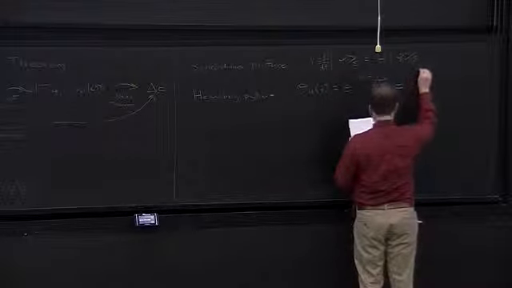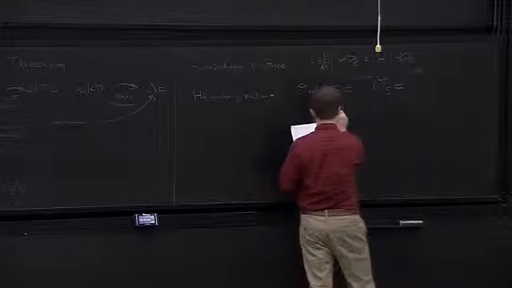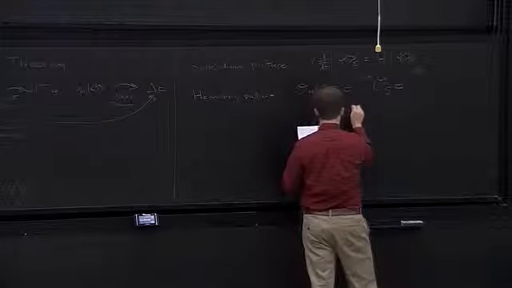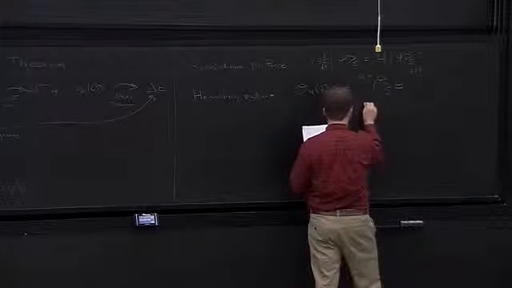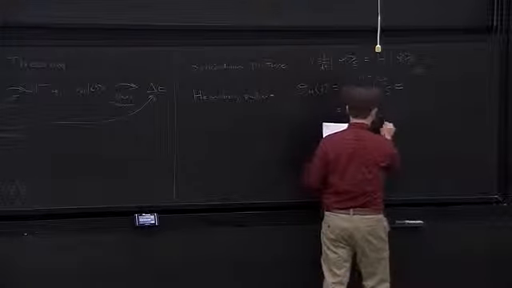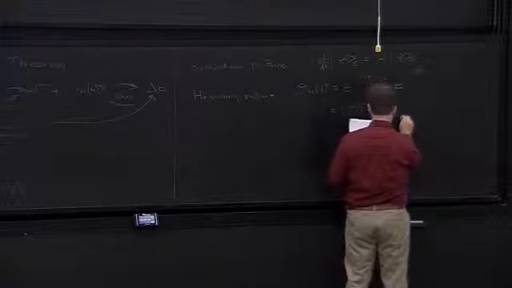So these e to the iHt we can define to be time evolution operators, which I'll denote by U or U dagger of t and 0.